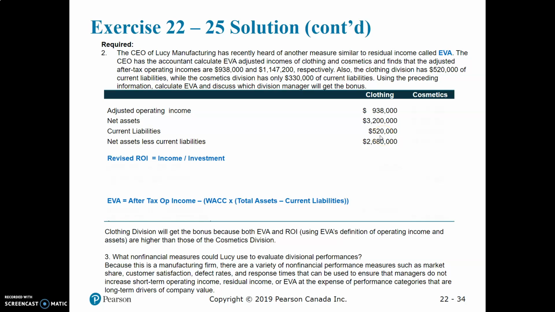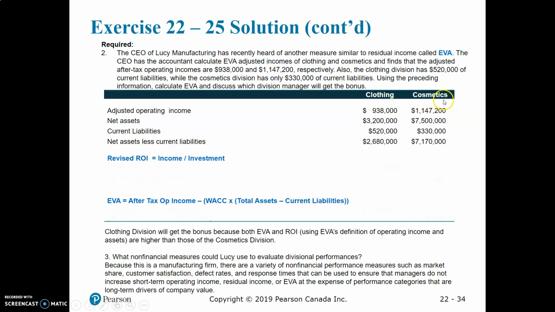So for us to calculate the investments, we now have to take the net assets less the current liabilities, which is $3.2 million of net assets minus $520,000 of current liabilities, and hence the investments are now at $2.68 million for the clothing division.